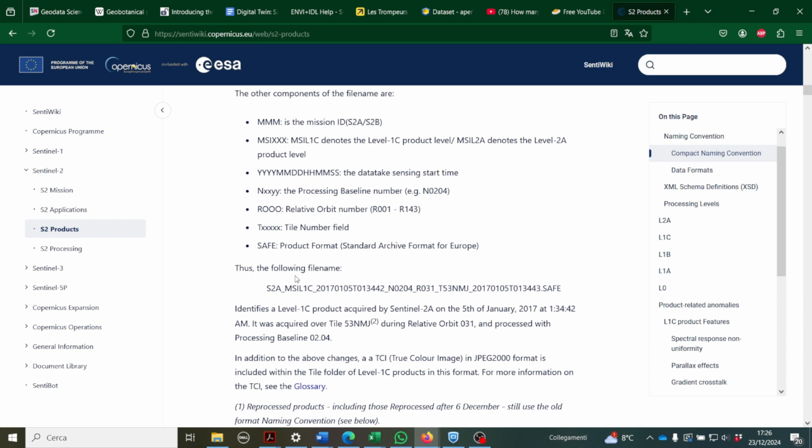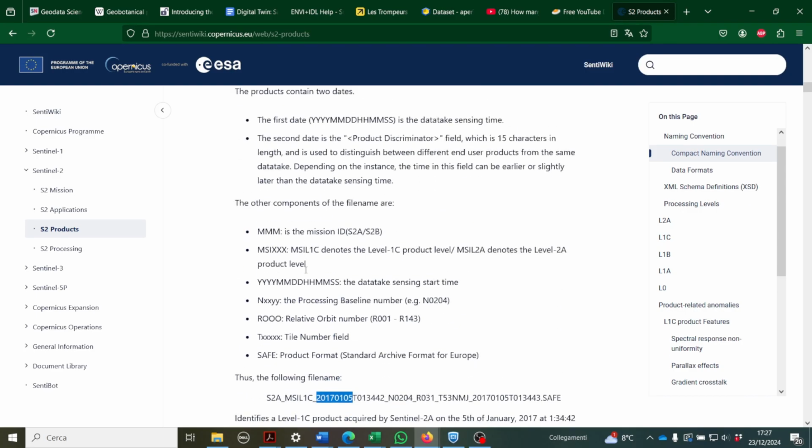So, for example, this file name represents data acquired by the platform Sentinel-2A with the sensor MSI at the level of correction 1C, and the acquisition was done, in this case, on the 5th of January 2017 at this particular local time.